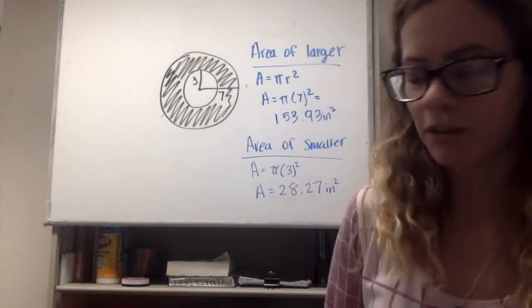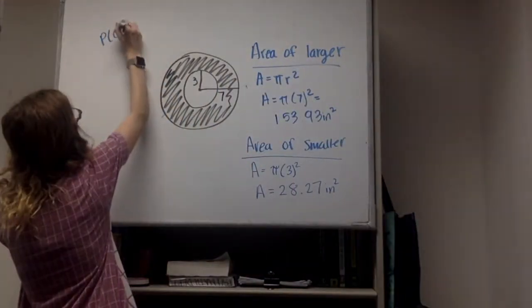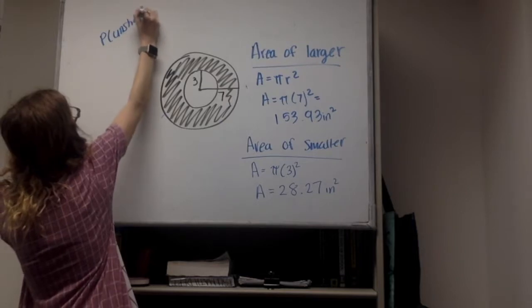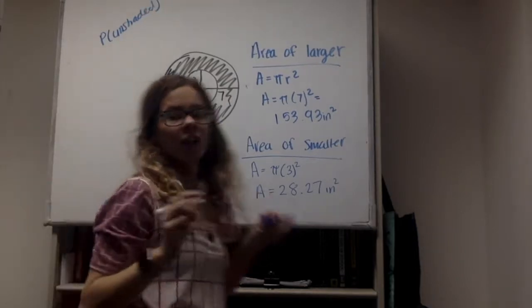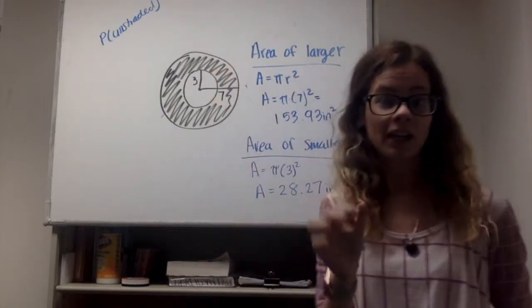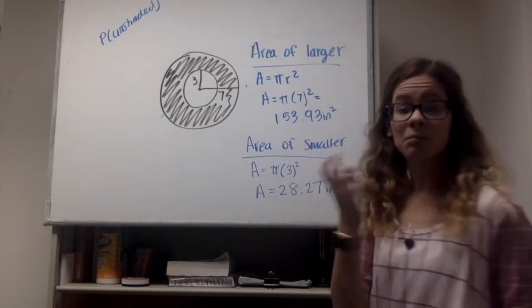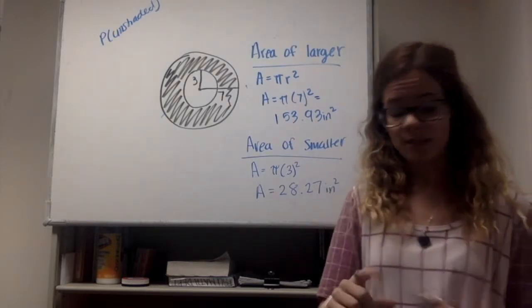And then if we want to know the probability of the unshaded, we are looking for the area of that inside circle. And we already know the area of the inside circle, which is 28.27. So that's what we want. We want to land on the inside of that circle.